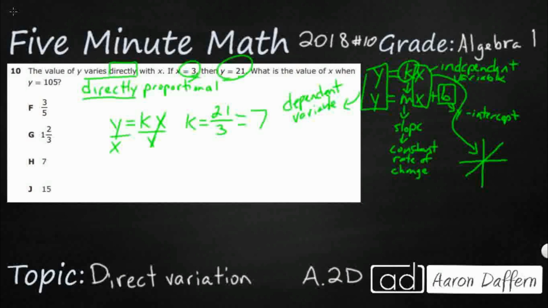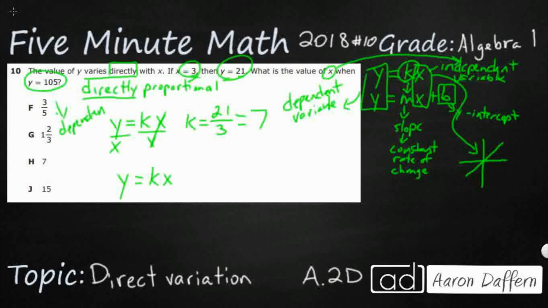Now, what is the value of x when y equals 105? In this case, they are looking for your x, which is your independent variable. They're going to give you the y, and you had to figure out the k. So the y is the 105. Remember, that is our dependent variable.